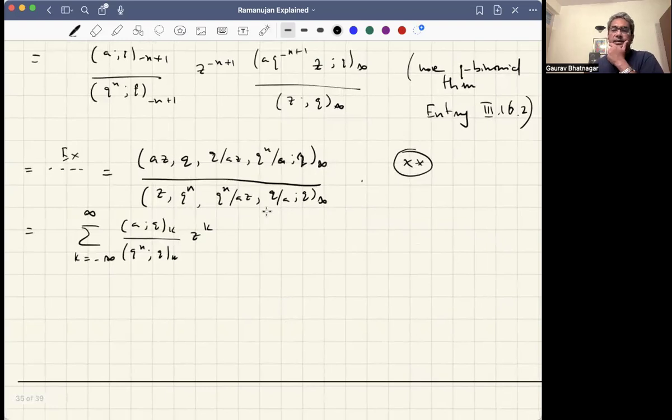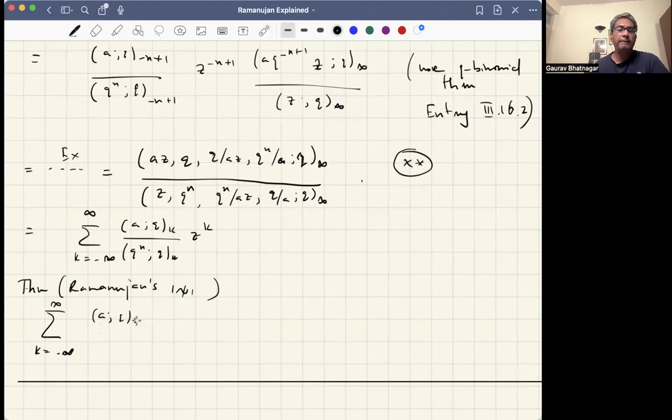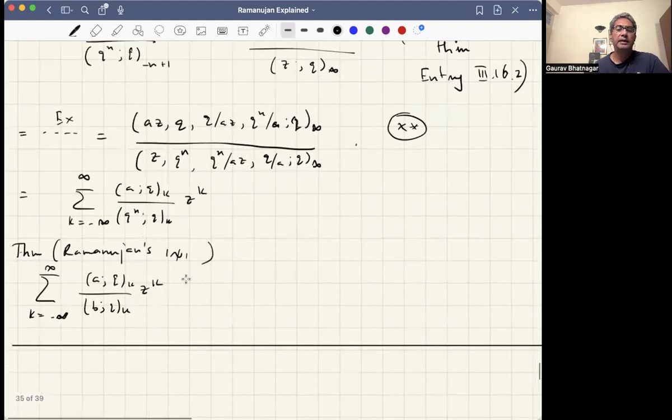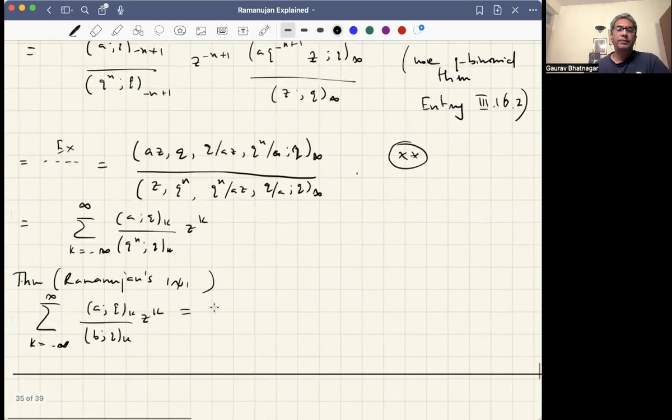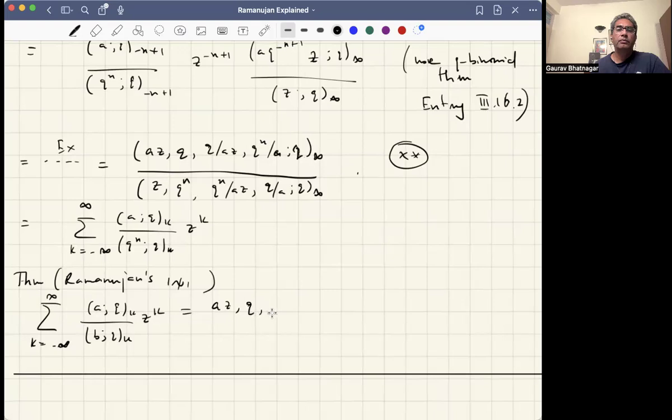Right. So what is Ramanujan's theorem? This is the sum over k going from minus infinity to infinity, (a;q)_k over (b;q)_k z raised to the power k, equal to... What I'm doing here is replacing q raised to the power n by b in this expression.